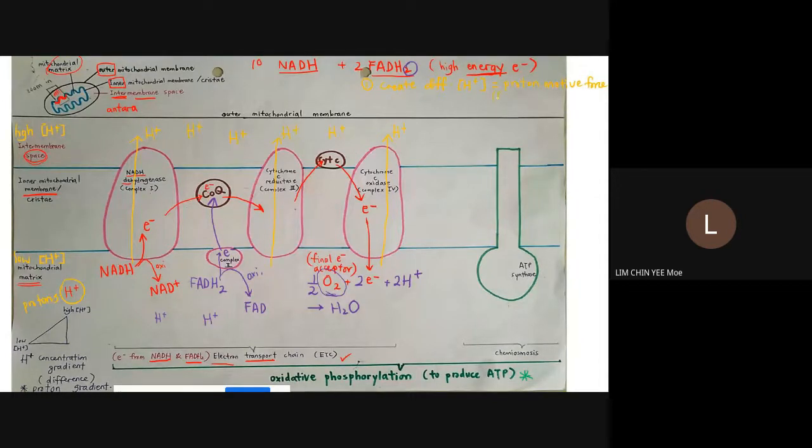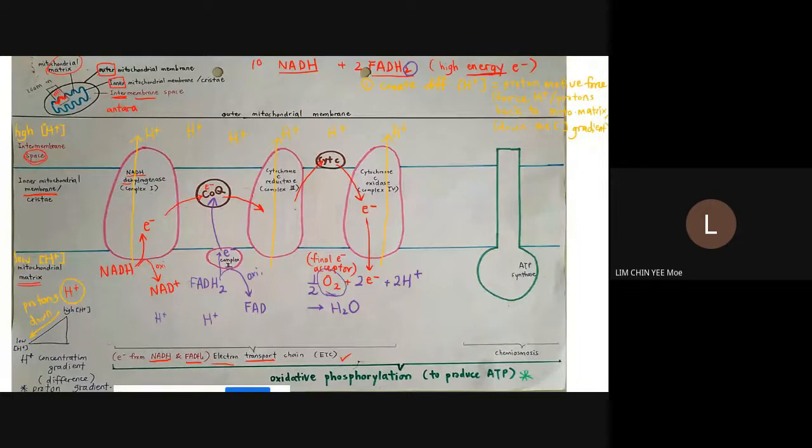Force ini untuk force the hydrogen ions or the protons back to where? Mitochondrial matrix. Very good. Back to the mitochondrial matrix sebab dia nak balance the concentration. So back to mitochondrial matrix, this is down the concentration gradient. Sebab from high to low. So kita cakap down the concentration gradient. Mesti dari high dia balik low. And what for? To balance the concentration of protons on both sides.